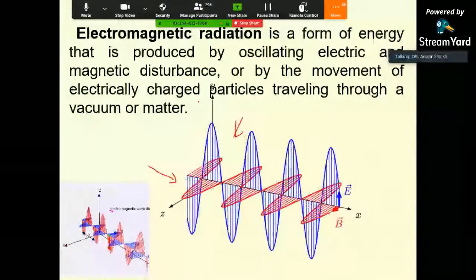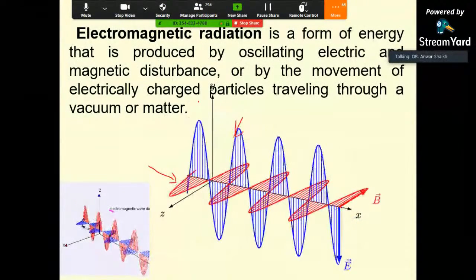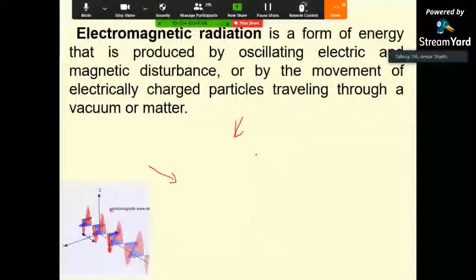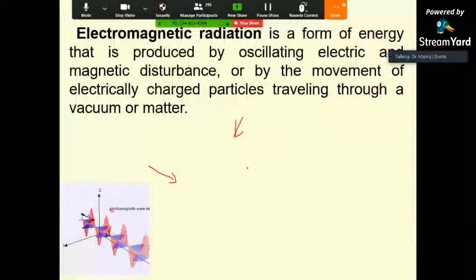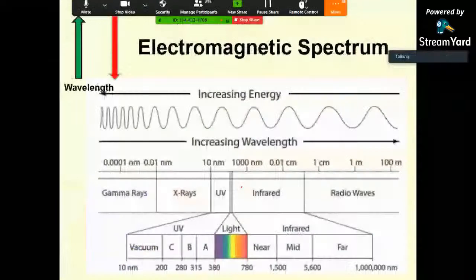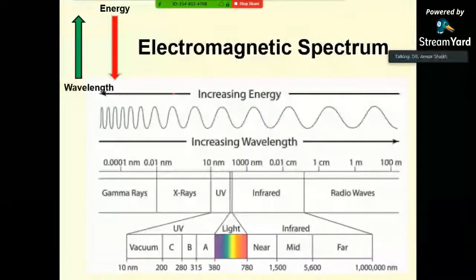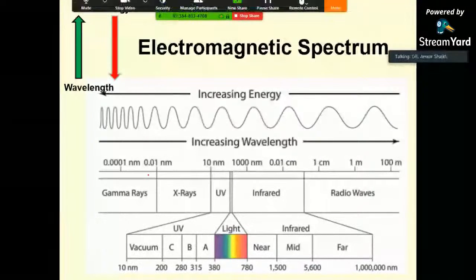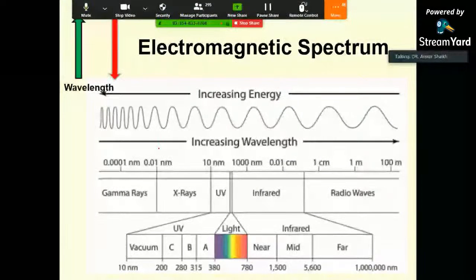If I zoom it, can you see the zoomed screen? Here, the electromagnetic spectrum is divided into various regions depending upon the wavelength and the energy content.